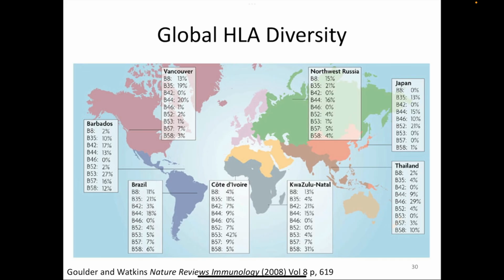It's because there are differences in frequencies of MHC genes in different groups. So we can see different populations very much having different MHC types.